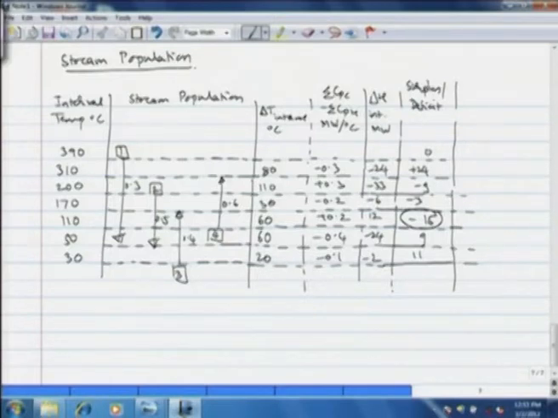So that much hot utility we have to add to the first interval. So 15, then 39.